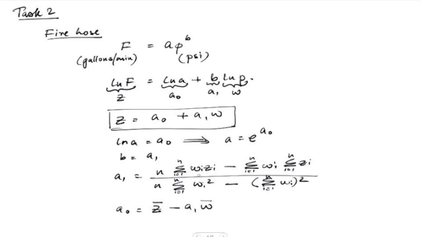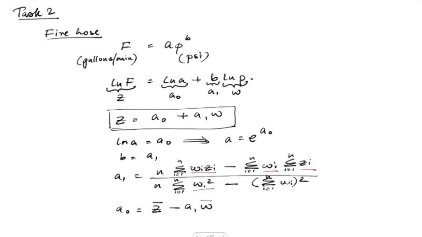Wi is nothing but ln of pi, and zi is nothing but ln of fi.